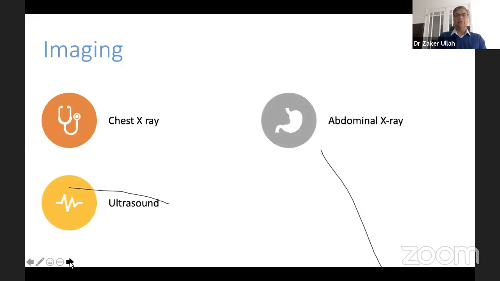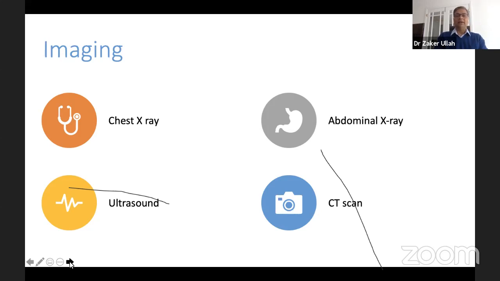Then you can do ultrasound if you've got those facilities to find out what's happening. And if you're in a big, good center, then CT scan is the best way of finding out what's going on if you have got any doubt. Having said that, appendicitis is a clinical diagnosis, but nowadays litigation problems are coming out all over the world. So you cannot just go by what you feel or what you think.